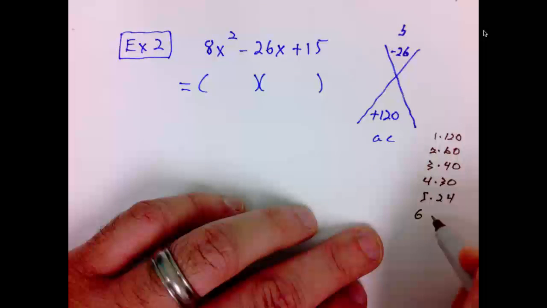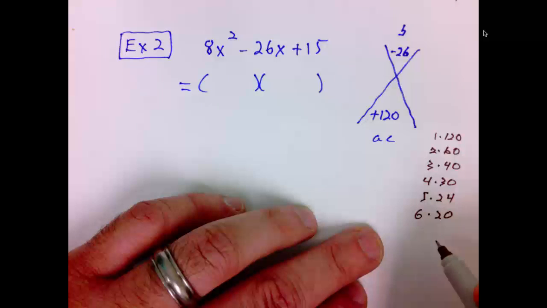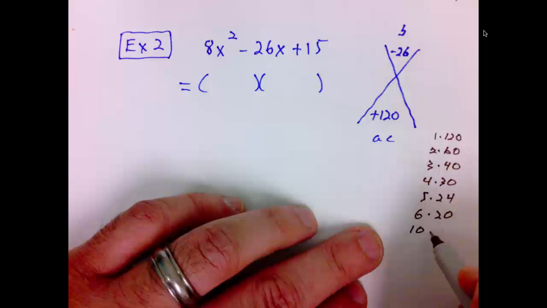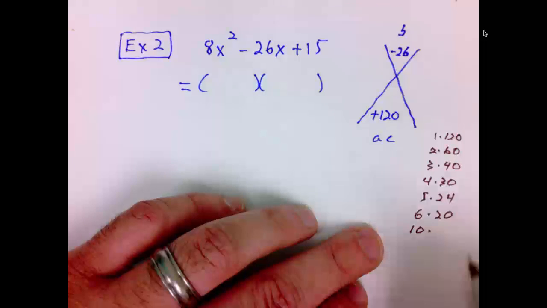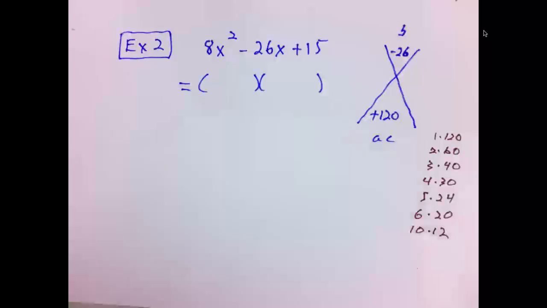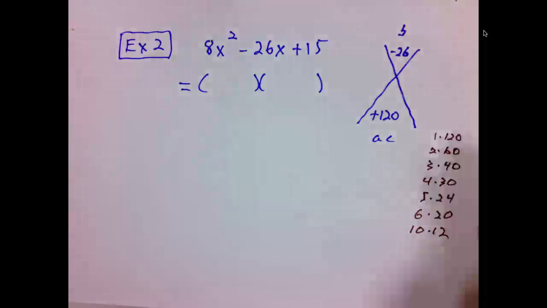Could be 6 times 20. Could be 10 times 12. I believe there may be one or two others, and your calculator could assist you with that, but this is going to get it done in this case.